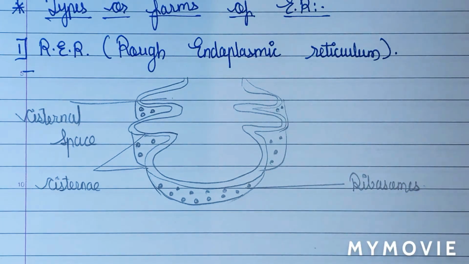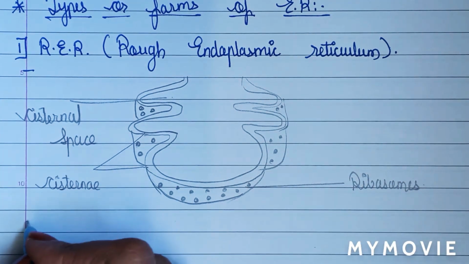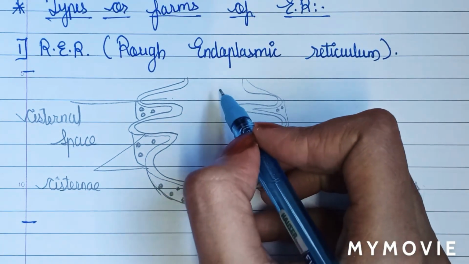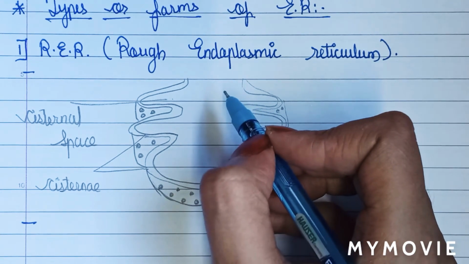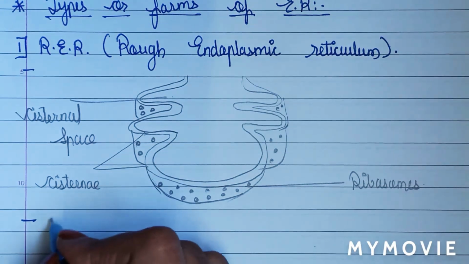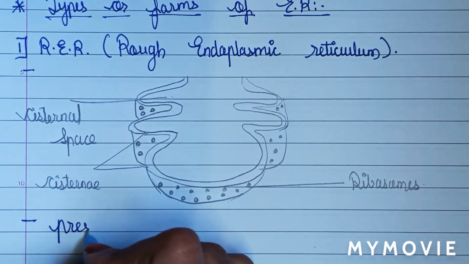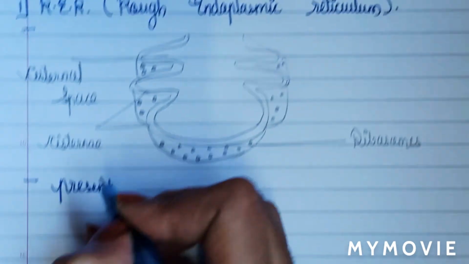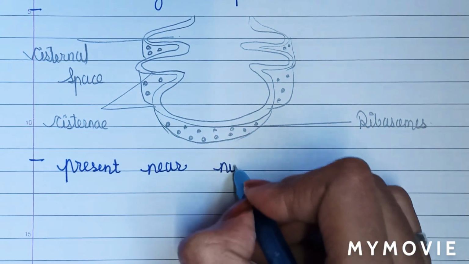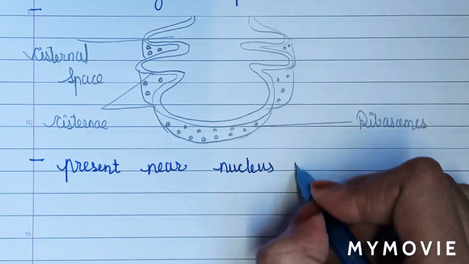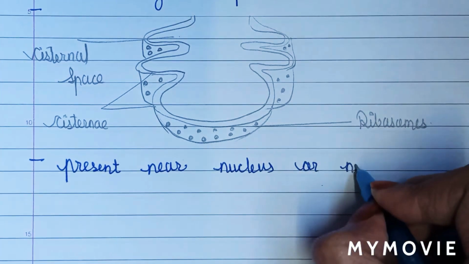Now we are going to see the points. This rough endoplasmic reticulum is present near the nucleus or the nuclear membrane.